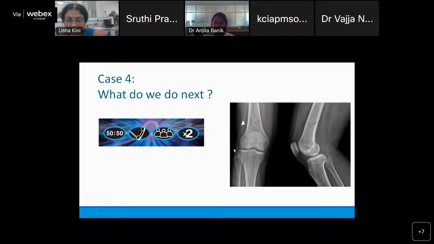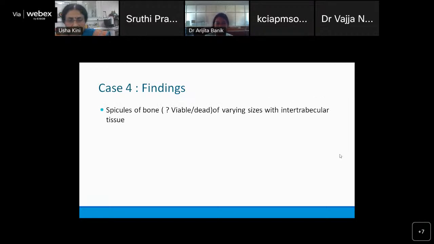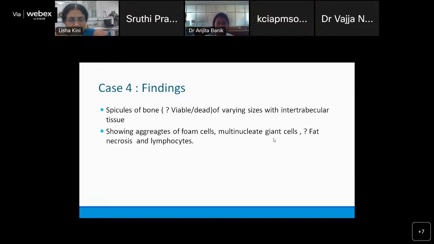As it was close to the joint, they thought initially it was synovitis, and that became acute on chronic synovitis. But when he went on to do the arthroscopy, he realized that he was taking out bits of bone which were just falling apart.